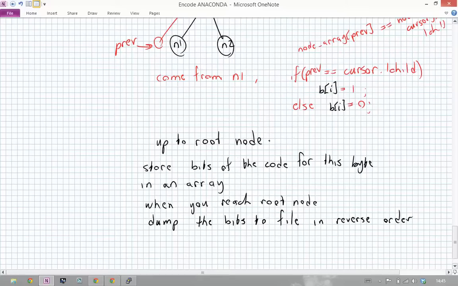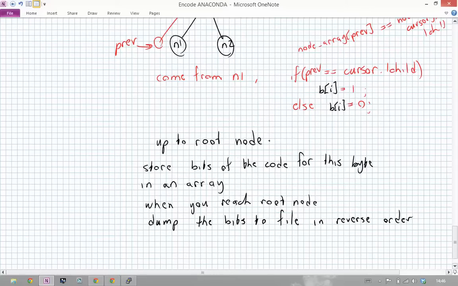So why is that? Why is that the case? Because we need the path down as opposed to the path up. Why? So you're traversing the tree. I mean, I'm not compressing this file just for the hell of it, right? At some point I want to decompress it.